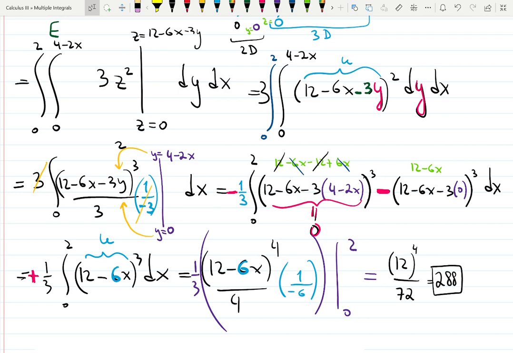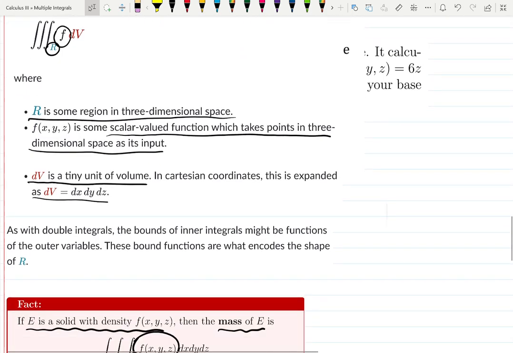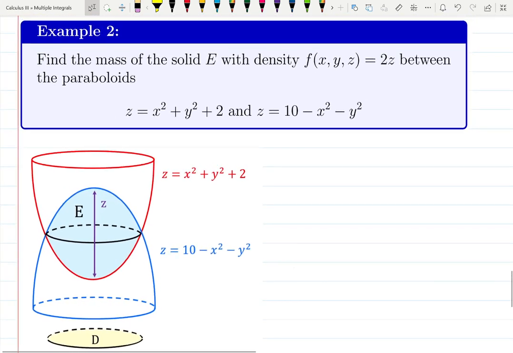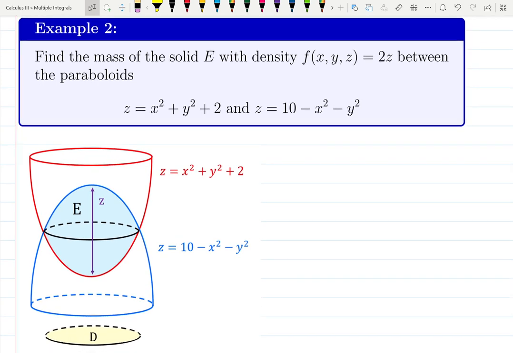What extra step was added at the very beginning? The 3-dimensional step. Yes. I had a question about the density. Are we finding the density of the shadow or the hyperbolic? So the question is about density. We will be finding the mass of this solid E with the given density 2z.